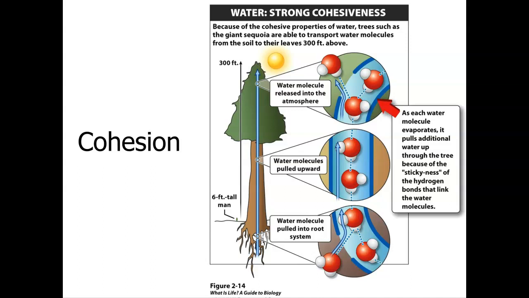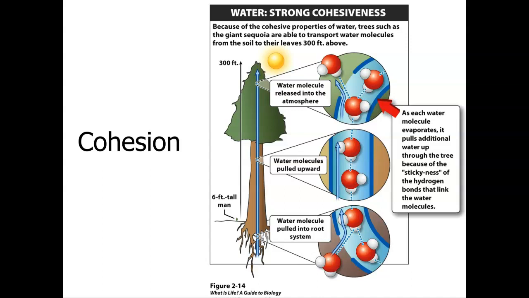When looking at things like trees, they can grow to such great heights because they have cohesion. This cohesion is where these water properties, like we said, stick together. Since these water molecules stick together, they start to go up through the vessels in the plant, and they pull each other. Water is going to enter through the plant at the root.